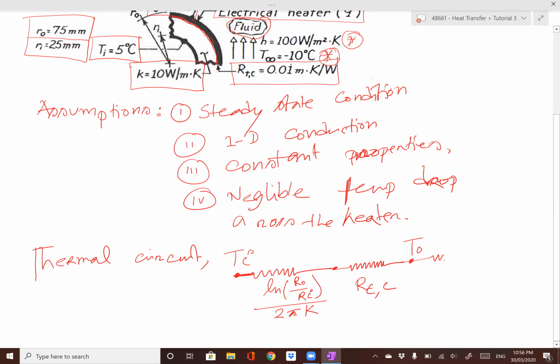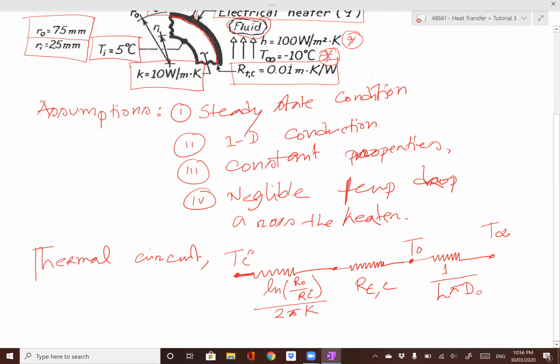Then we have heat flow from the heater to the outside fluid, so it will be convection. The thermal resistance for convection is 1 over convection coefficient times pi times outer diameter, and here is the environmental temperature T infinity.